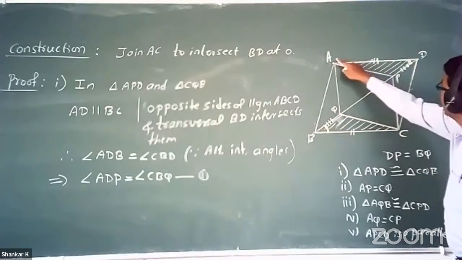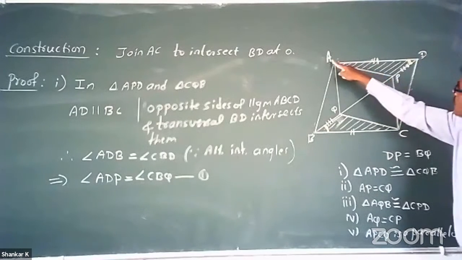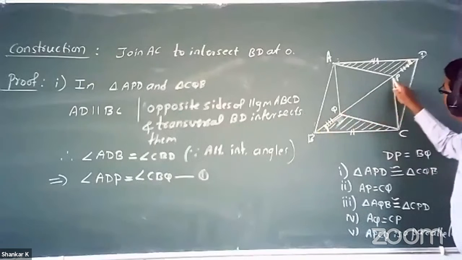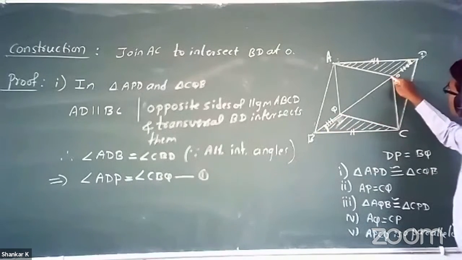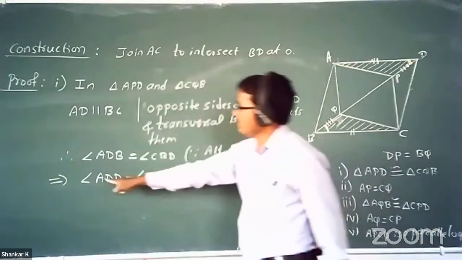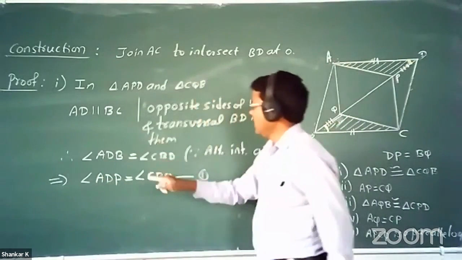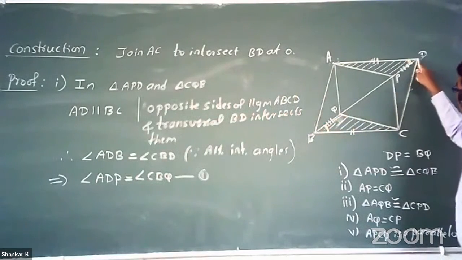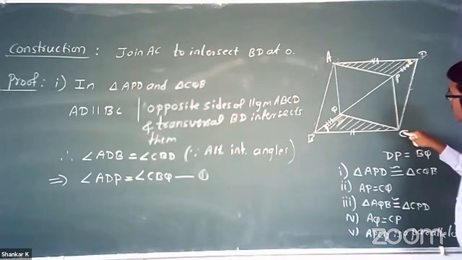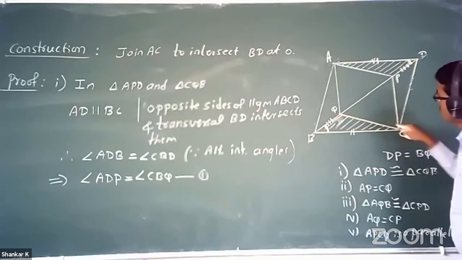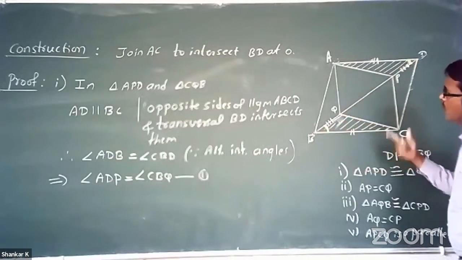ADB and ADP are same. Here A, B. This line comes here to B. Only this much we take, no problem. That's why this implies ADB means ADP. CBD means, instead of taking BD, I take only BQ, CBQ. Okay, those are equal.